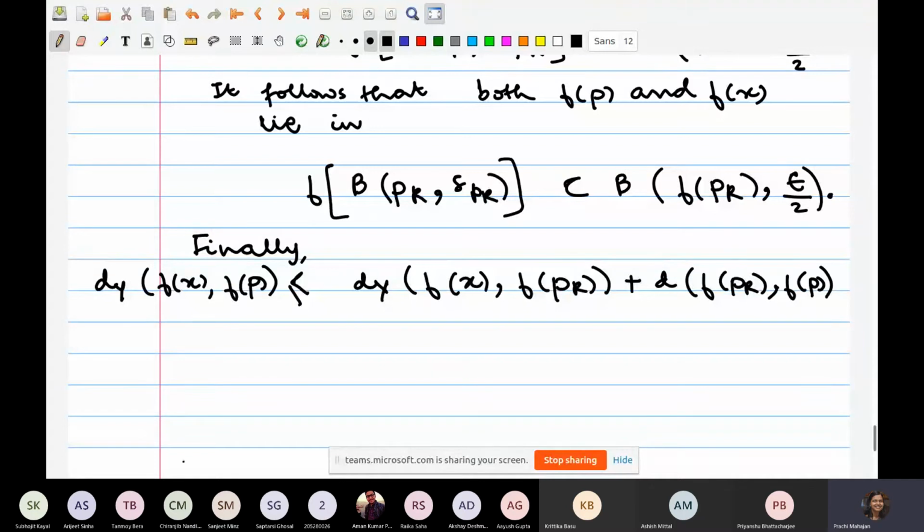Correct? This is the triangle inequality. However, I have estimated these distances. So what can I say about the first thing? How can I estimate the distance between Fx and Fpk?